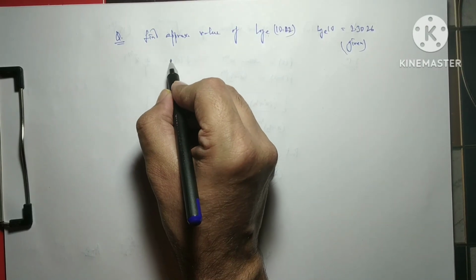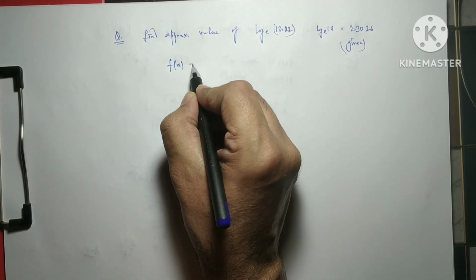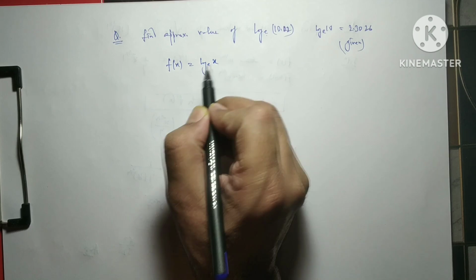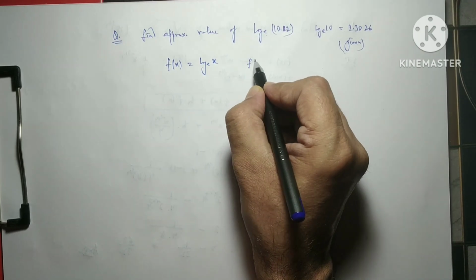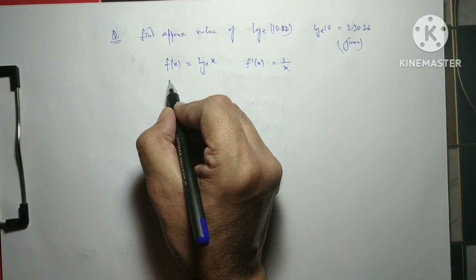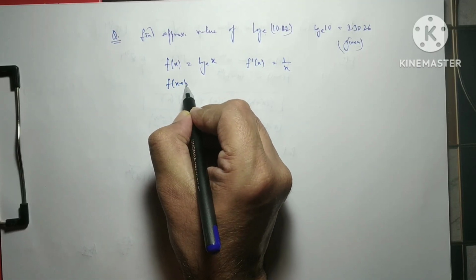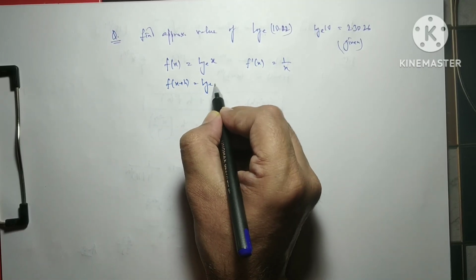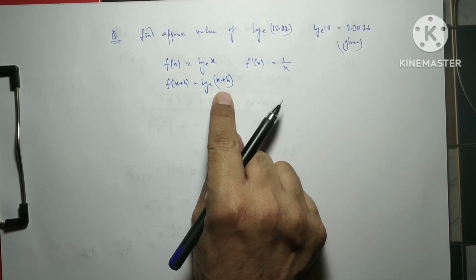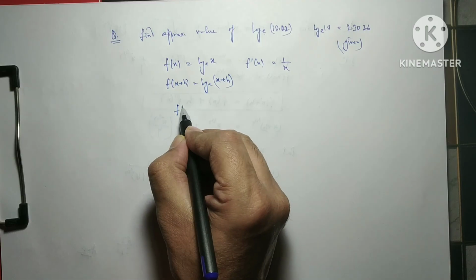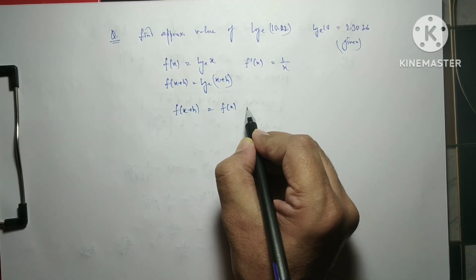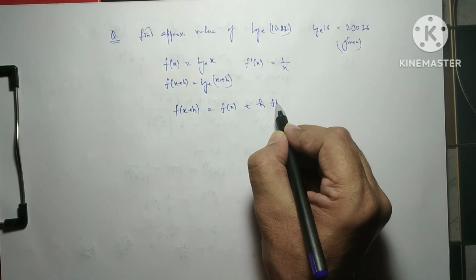So function is log of any variable, so it should be x. So the derivative of this is 1/x, and f(x+h) is log_e(x+h). So we want the value of this, so f(x+h) ≈ f(x) + h f'(x).